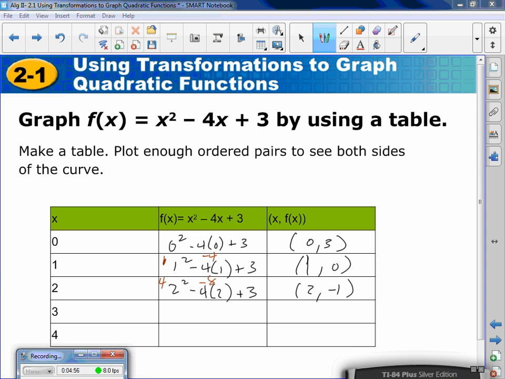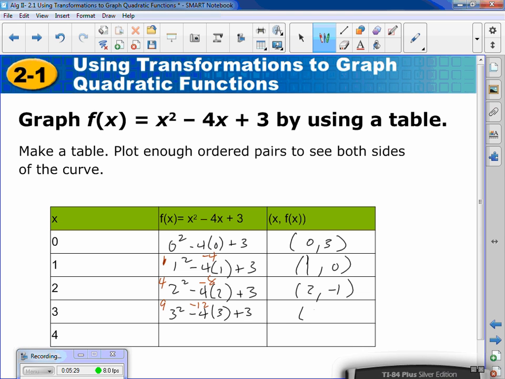Substitute in 3. 3 squared minus 4 times 3 plus 3. 3 squared is 9. Negative 4 times 3 is negative 12. 9 and negative 12 is negative 3. Negative 3 and positive 3 is 0.